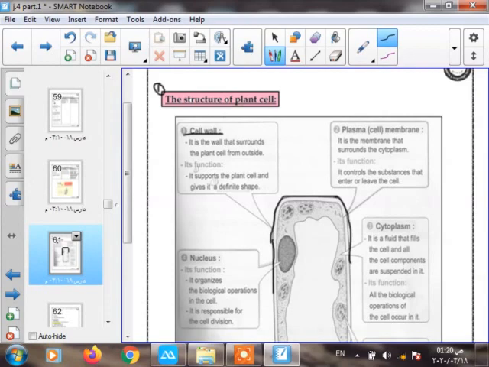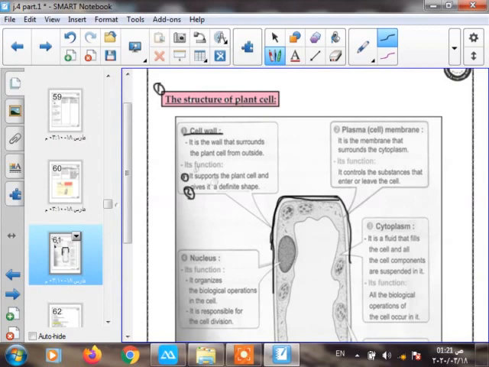So again, what is the cell wall function? It supports the plant cell and gives it definite shape. From junior 3, you know the meaning of definite shape: its shape doesn't change. So it has two functions, to support the plant cell and give it definite shape. What is the first one?